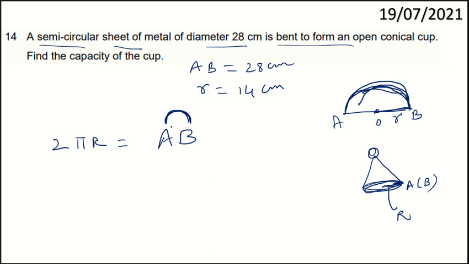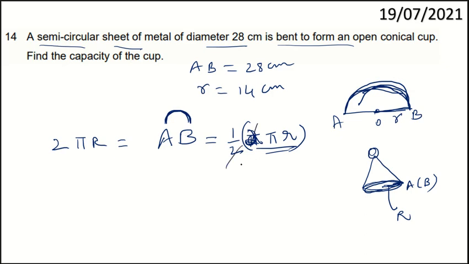How to find the length of this arc? Length of this arc is half of this circle. Half of the circle means 1 by 2 of 2 pi r, since 2 pi r is the entire circle, and in that I want only arc AB, the semicircle.